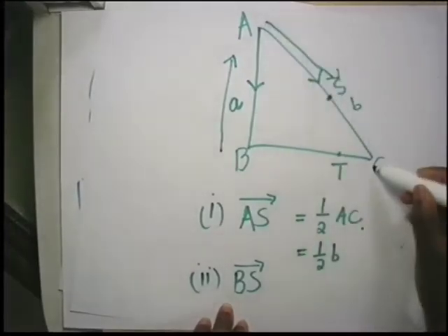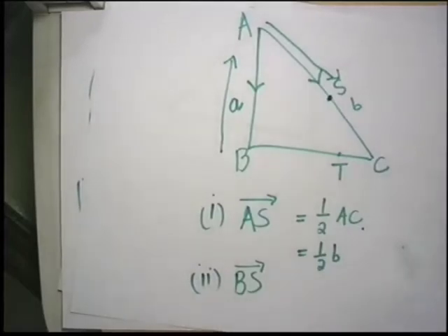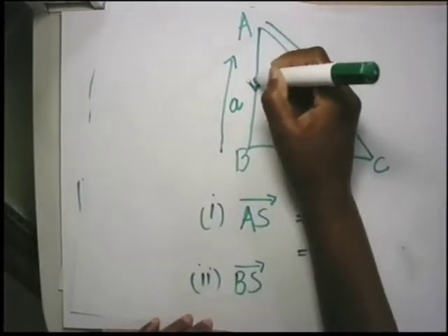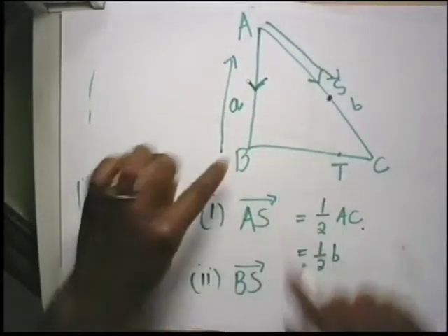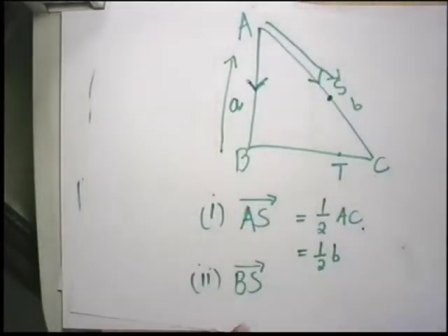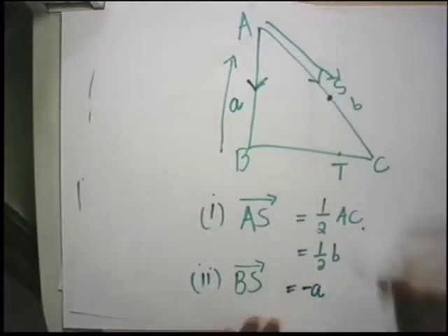Not up to C, but only up to here. Now, how are we going to get that one in terms of a and b? You can see this direction going down, but for us to move from B to S, we go up and we go that way. So then now we are having a negative a.